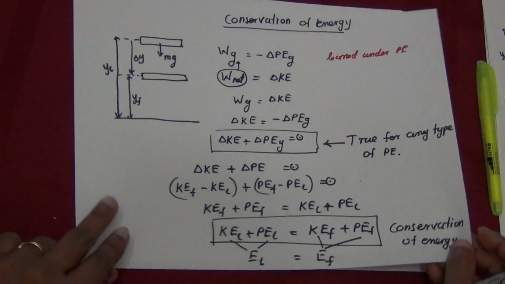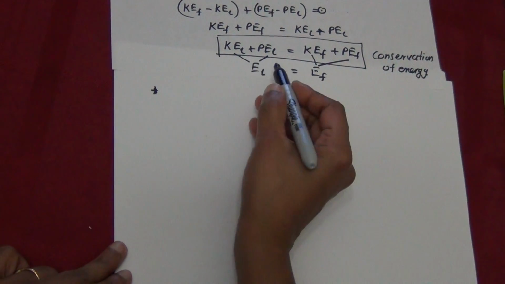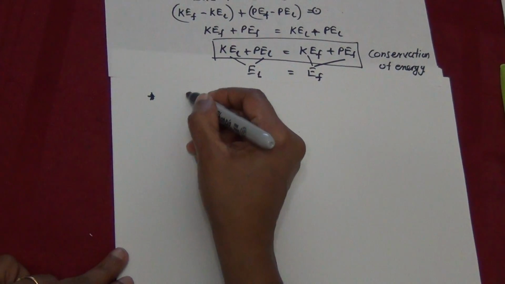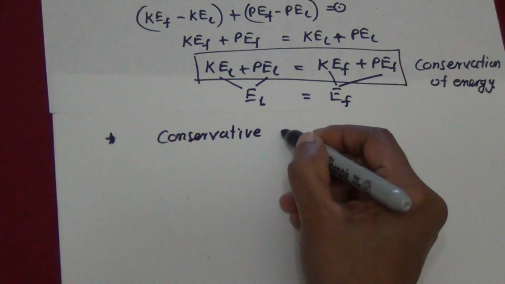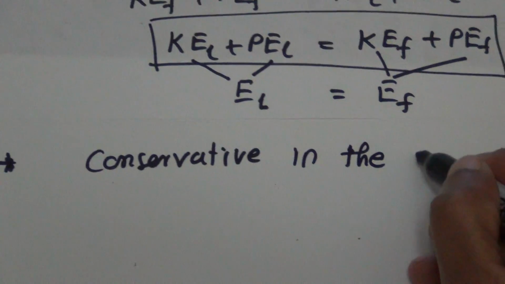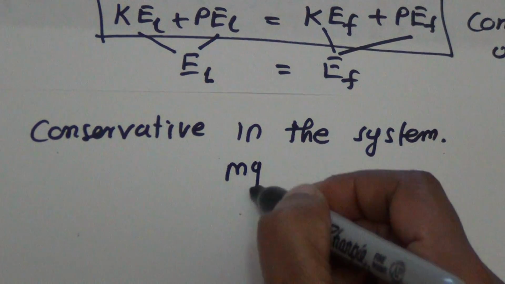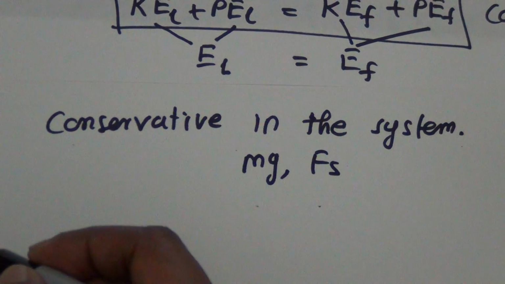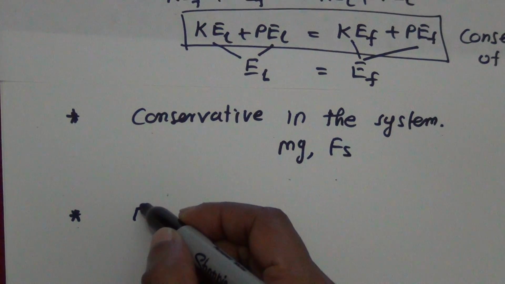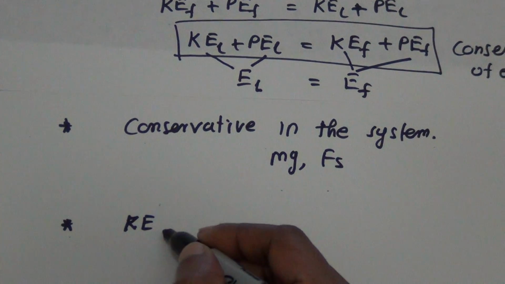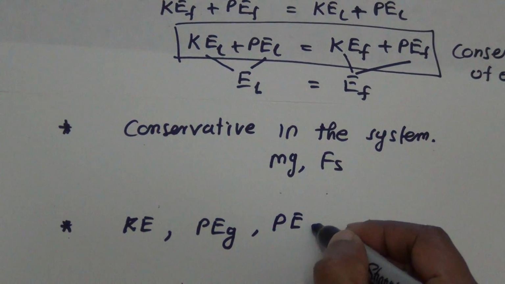The thing you have to remember here is that we are using only conservative forces in the system. The forces in the system should be conservative, which is gravity or spring force. And when you deal with the energies, we are only going to talk about kinetic energy, potential energy due to gravity, and potential energy due to spring.